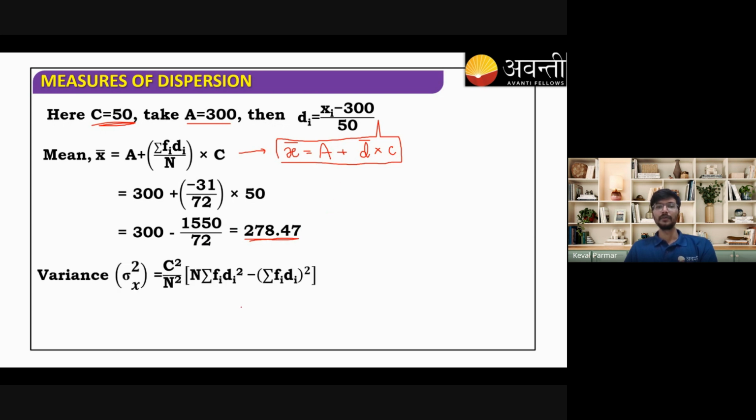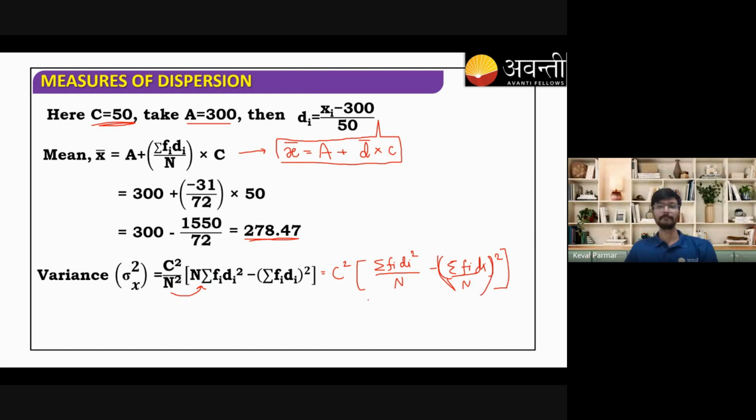What is the variance? Variance is c square upon n square into n summation fi di square minus summation fi di the whole square. Basically, we don't remember this formula. The formula that we know is simple: bring this n inside the bracket. So we remember this one: summation fi di square upon n minus summation fi di the whole square upon n.